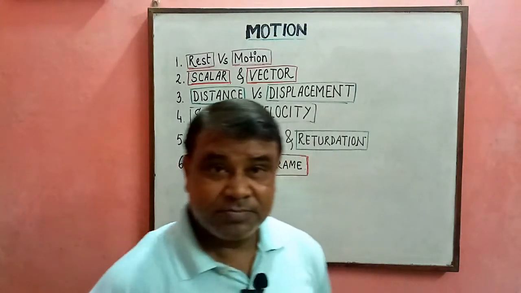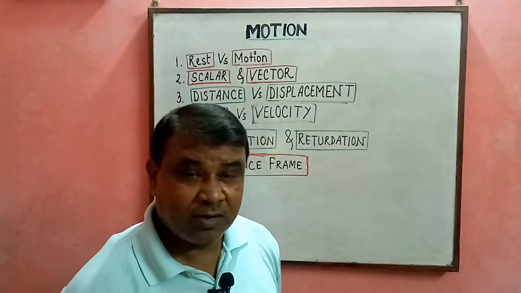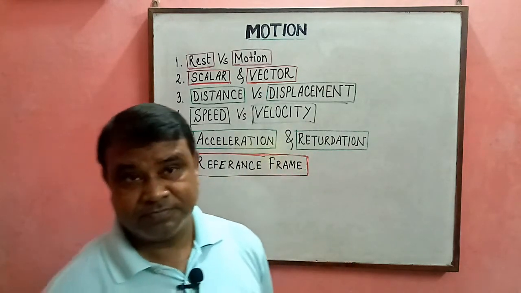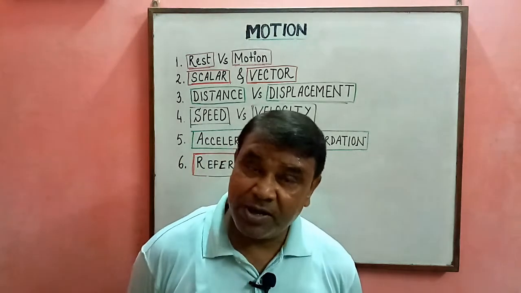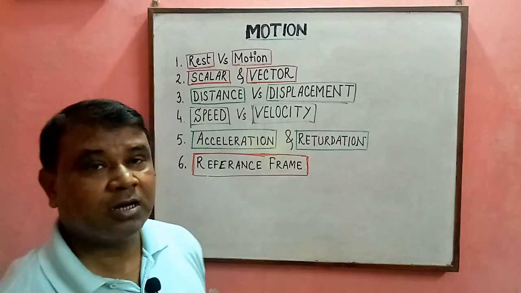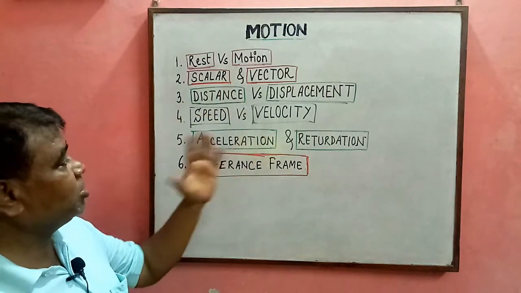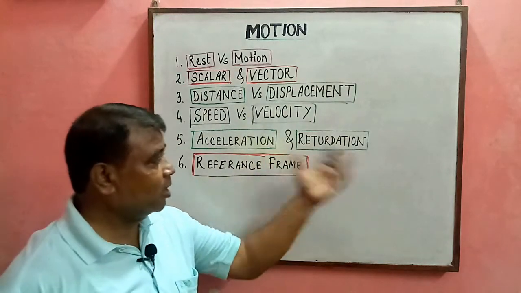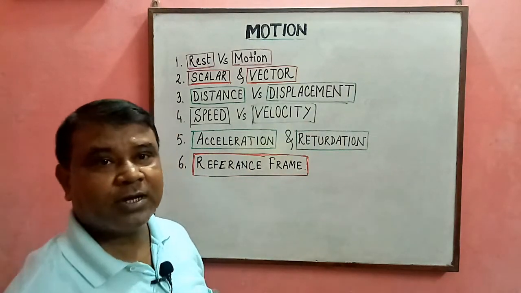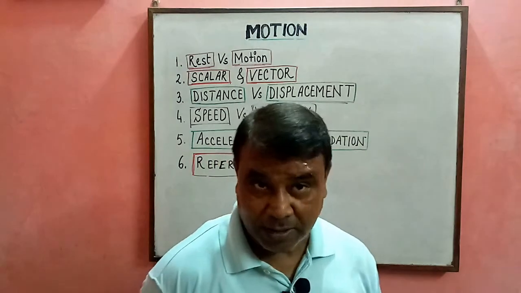That is the reason we will nurture today physical quantities like distance, time. These are the primary physical quantities which will help us learn speed, velocity, acceleration, retardation. These physical quantities are the secondary quantities. They are depending on distance and also time.